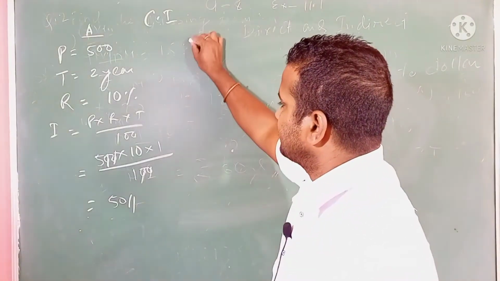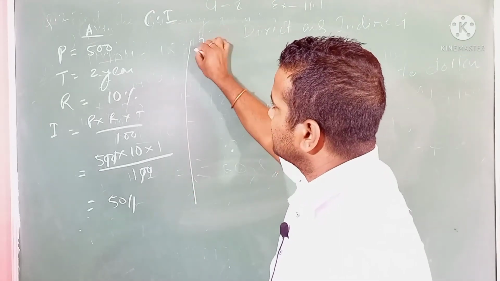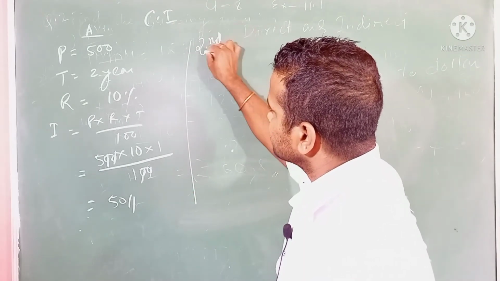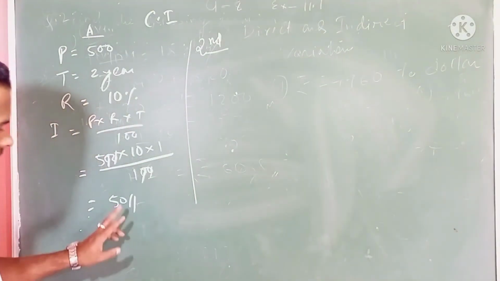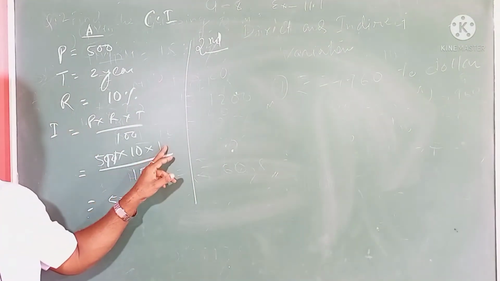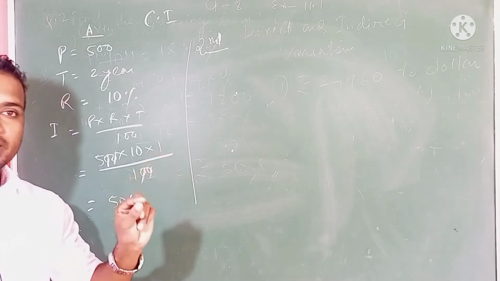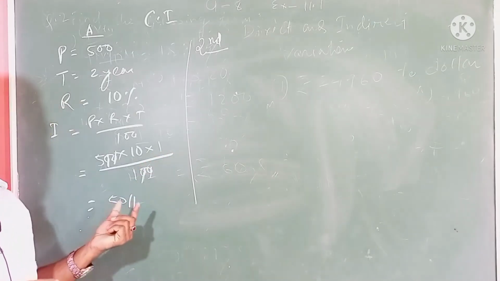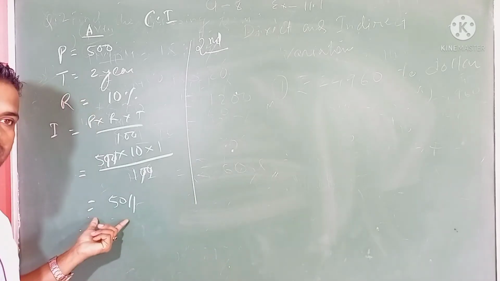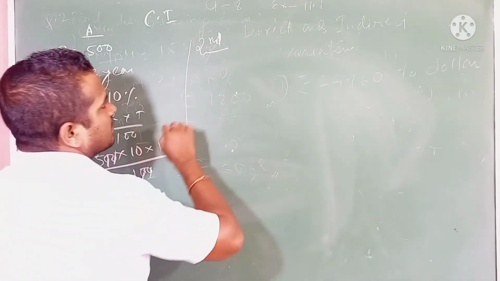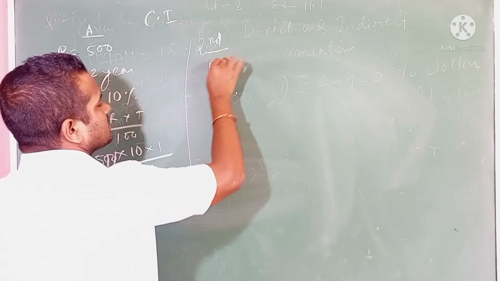Okay, second year. First year we have done. Interest on interest means what? This is 50 rupees for 1 year. Now for 2 years, 100 rupees. That means for the second year, principal will be how much?